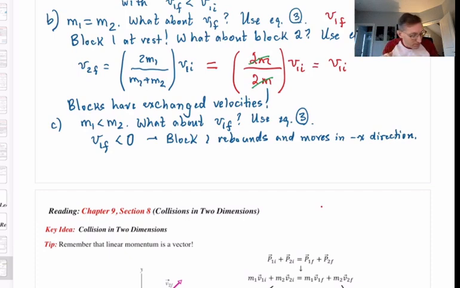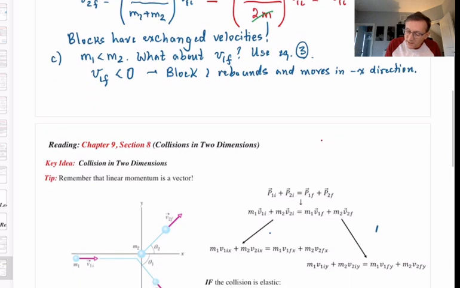I want to look at one more application of equations 3 and 4. I want to consider really what is a special case of question A. Okay, here's what I want to ask.